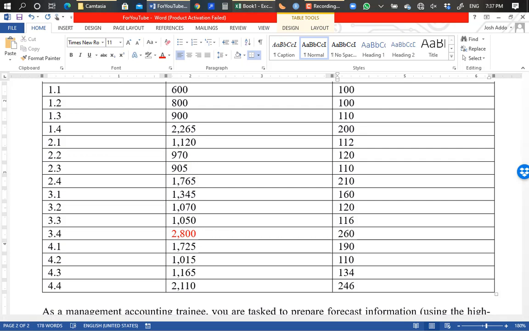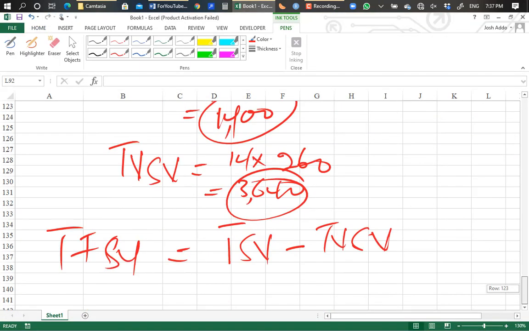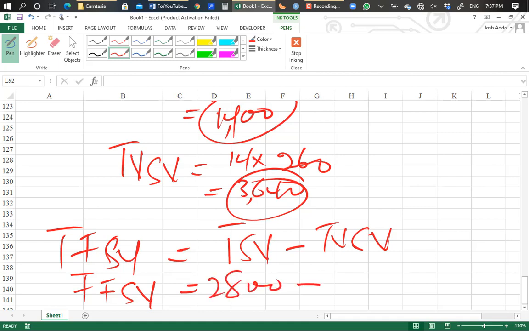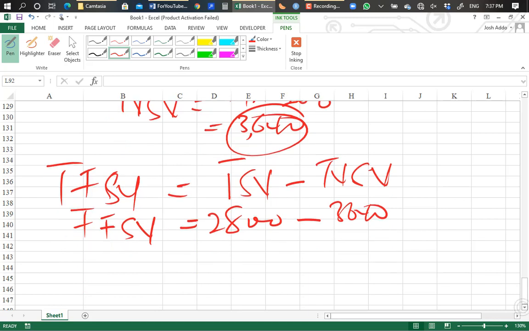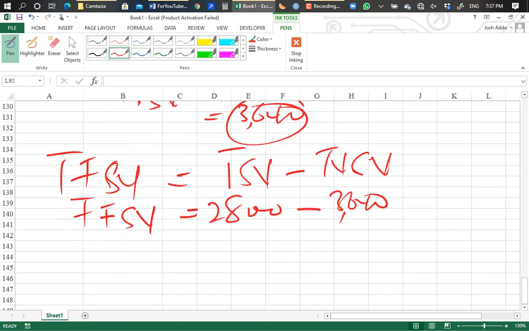If you do the computation, you will realize that total fixed sales volume is equal to 2,800 minus our total variable sales volume of 3,640. This is yielding some weird values. It will give us a total fixed sales volume that is a negative figure, negative 840.